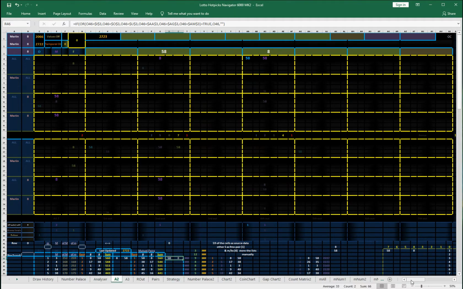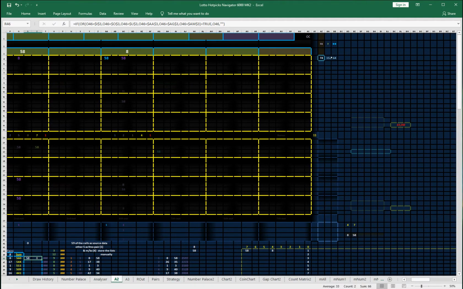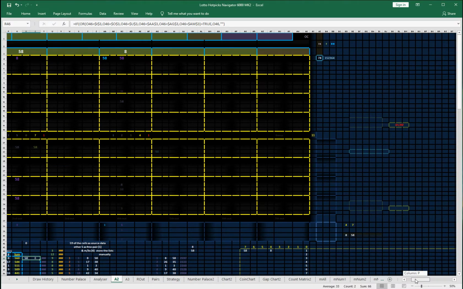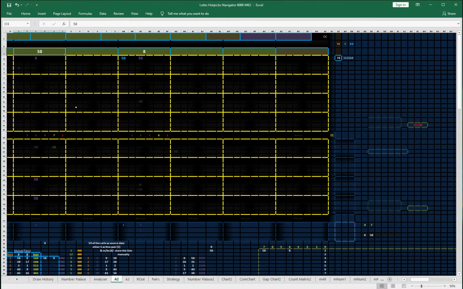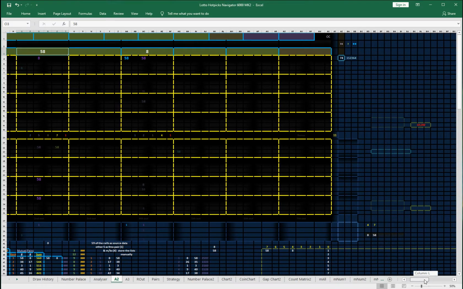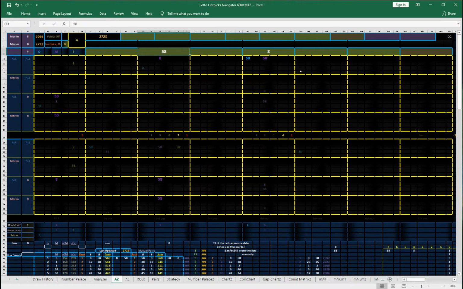Then, based on the order codes, based on the draw history, it looks like I want to have the 5th largest number in the second column, and I mean the 3rd largest number in the fourth column.